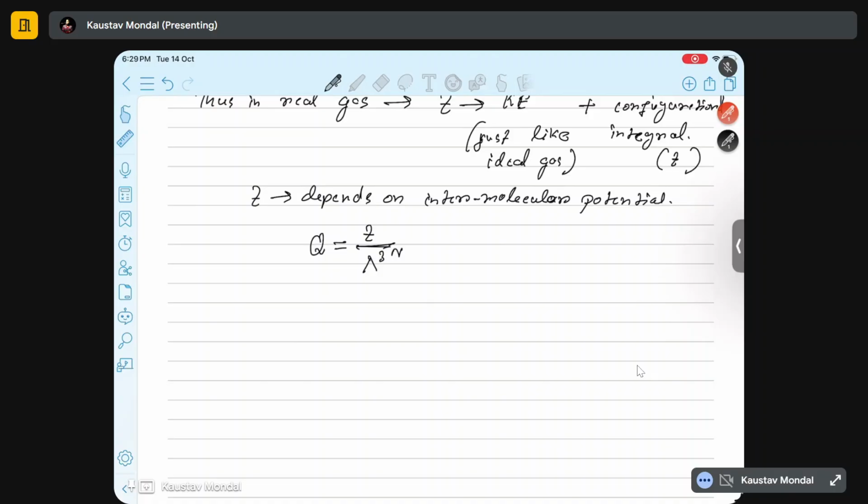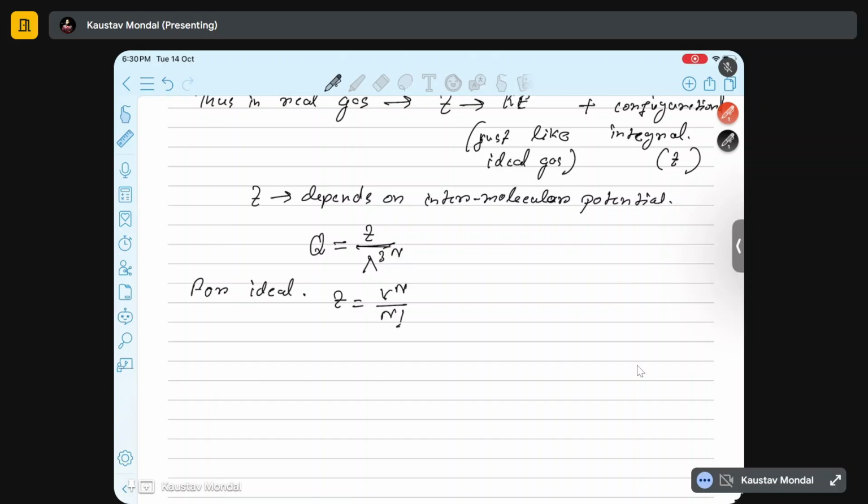Now for a perfect gas or ideal gas, this configurational integral is given by V to the power N by N factorial.